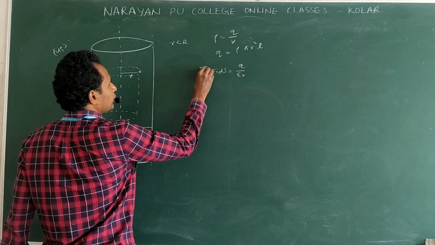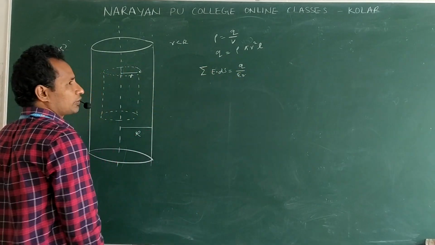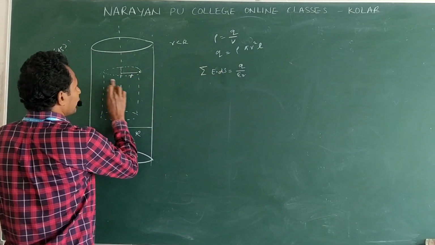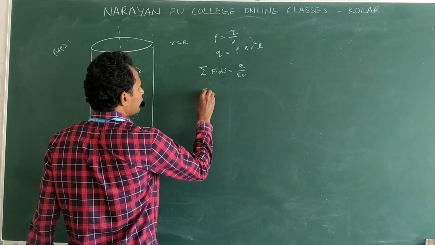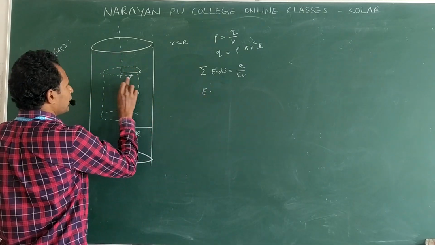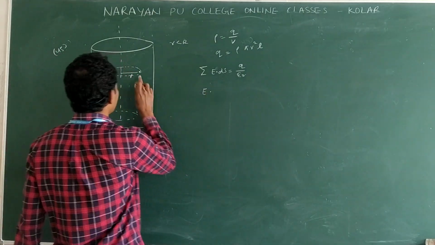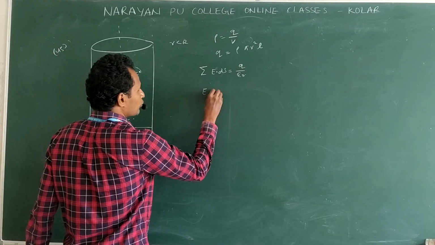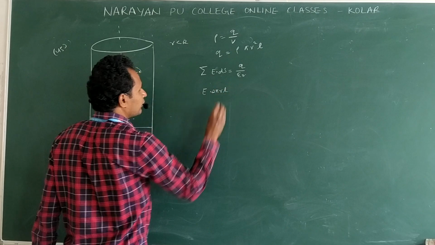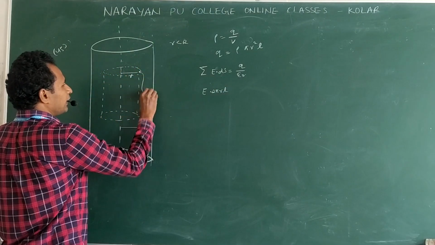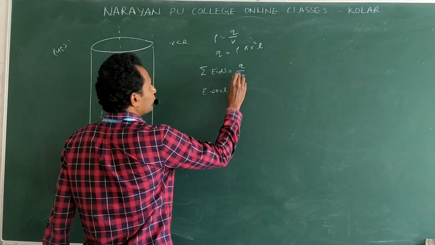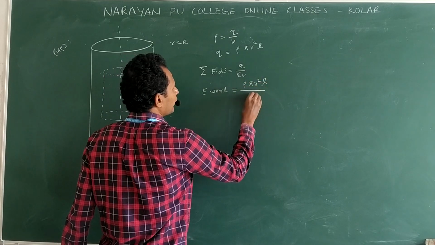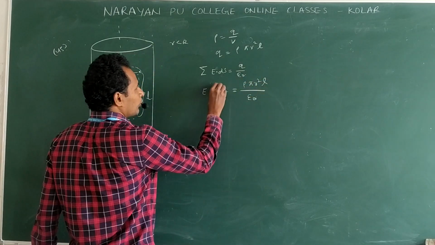Now we do the summation. Then ds is the surface area of the Gaussian surface. Then E times the surface area of the Gaussian cylindrical surface, which is 2 pi r L, because I take the length as L, is equal to the charge enclosed, rho pi r square L by epsilon naught.